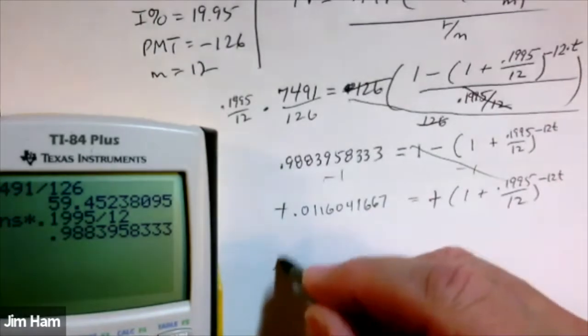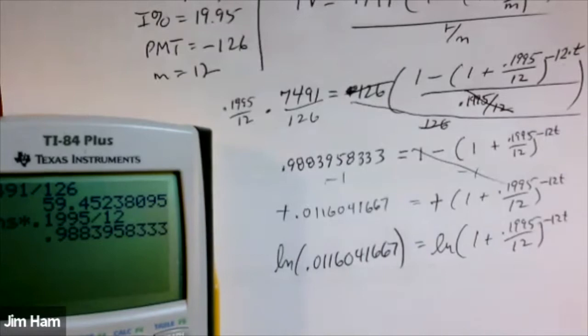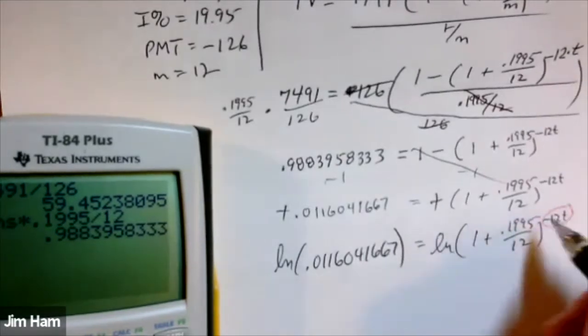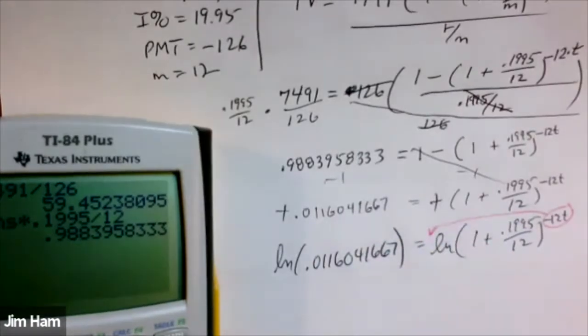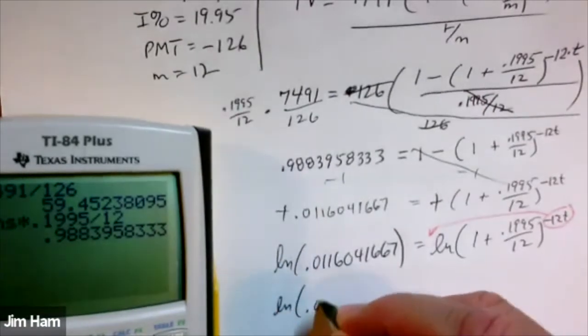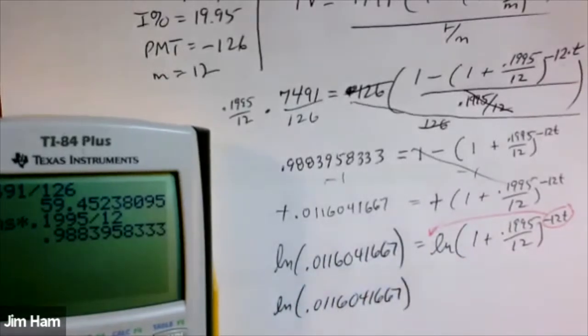And then I'm going to take the natural log of both sides. Now there is a property of logarithms that will enable me to take this exponent here out in front of the log and multiply it. So we have the natural log of 0.01160416667. Notice there's no rounding going on.